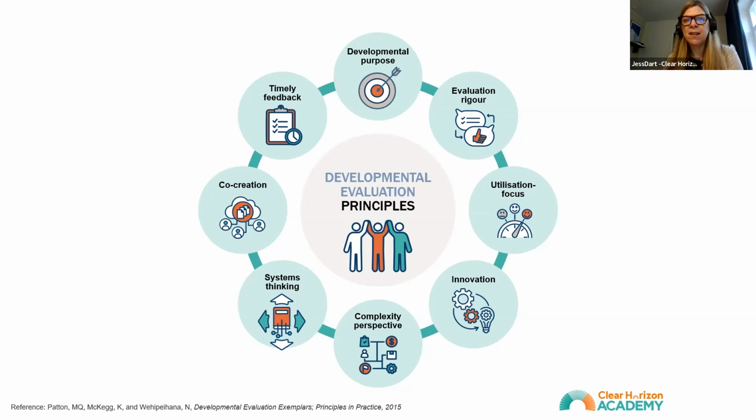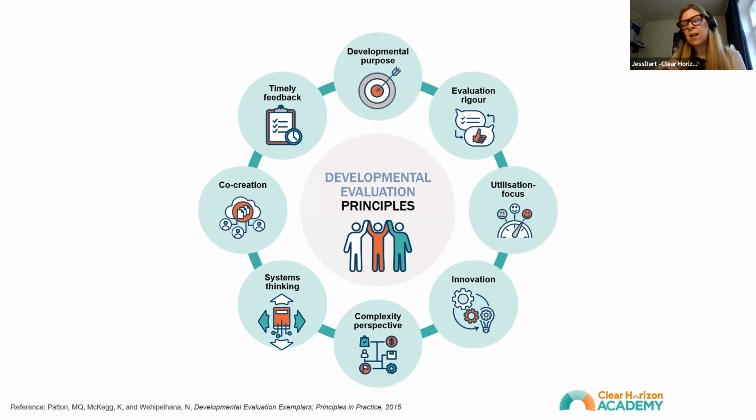It's to help build something. It's evaluation rigor, which means it's not just reflection. You have to collect data. So it can use any method. It can use quantitative numbers and qualitative stories, and it does involve collecting data.